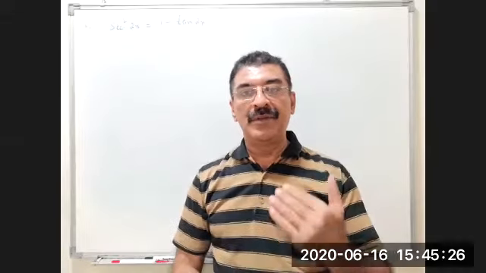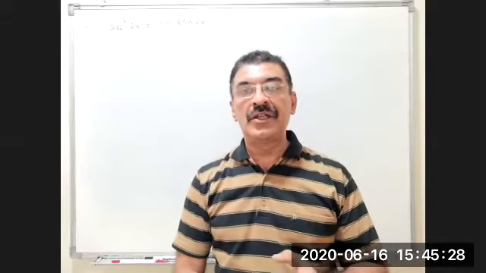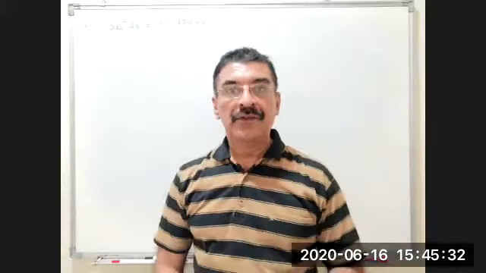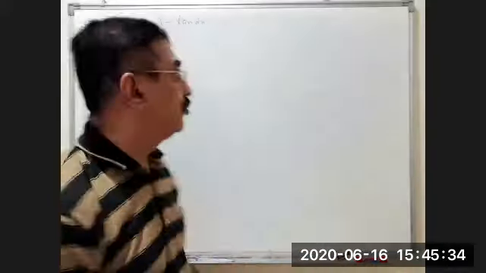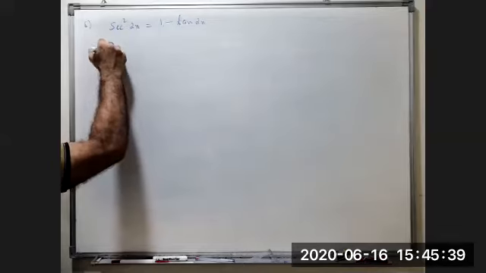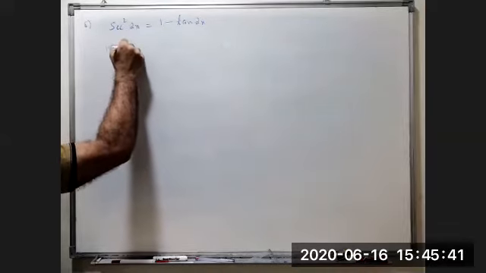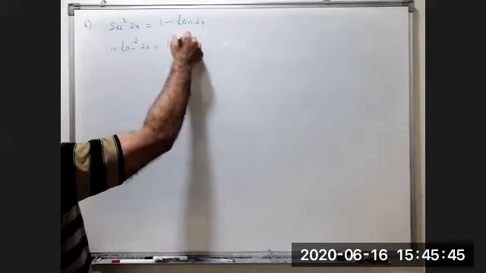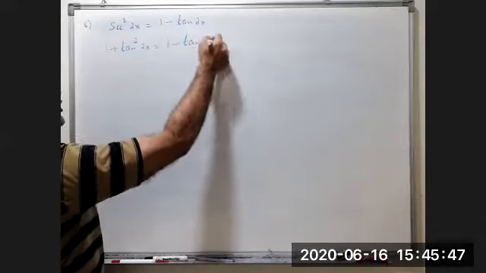So whatever the question, change it in terms of one of them. How to change sec square? Sec square is 1 plus tan square. So write sec square 2x as 1 plus tan square 2x, equals 1 minus tan 2x.